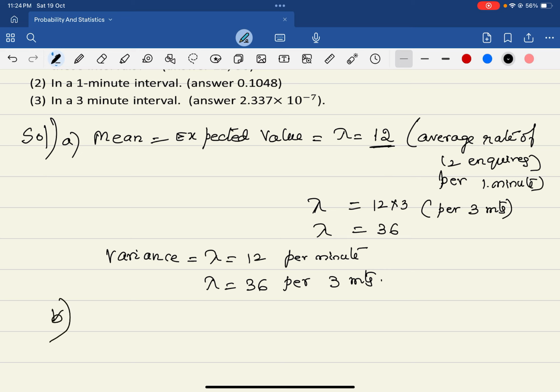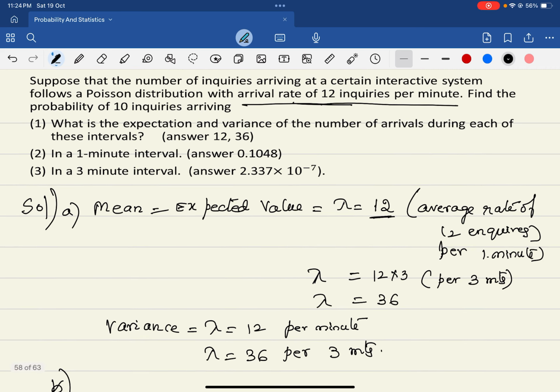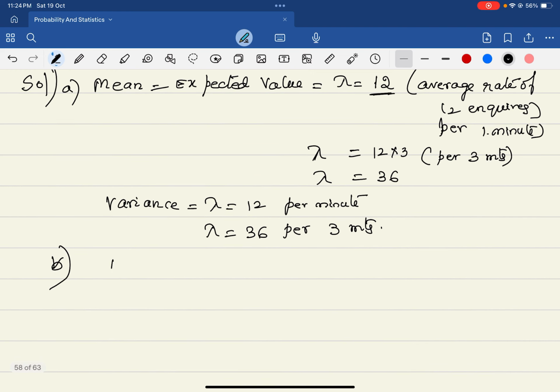Now in a 1 minute interval, what is the probability of getting 10 inquiries? So what is x here? 10. So what is the probability distribution function? e raised to minus lambda, lambda power x over x factorial. Now we need the probability of x equal to 10 inquiries.